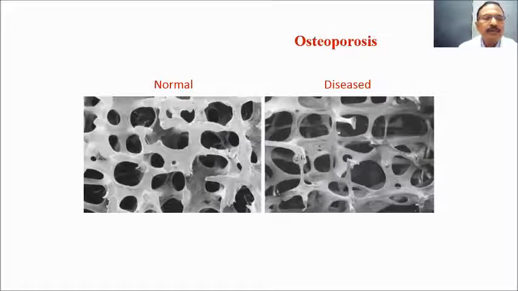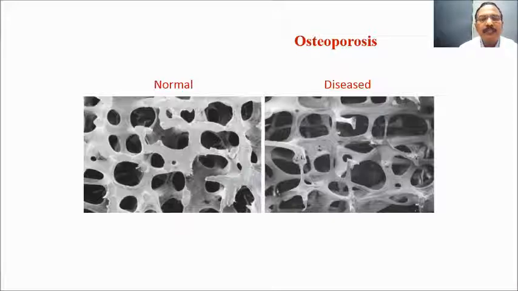Normally there is a balance between bone formation and bone resorption, but when bone resorption becomes higher than bone formation, it ends up like this. You can see in this picture the bony trabeculae are all very thin and degenerated. Usually it is present in ladies above 50 years, after menopause, because of the decline of estrogen hormone.